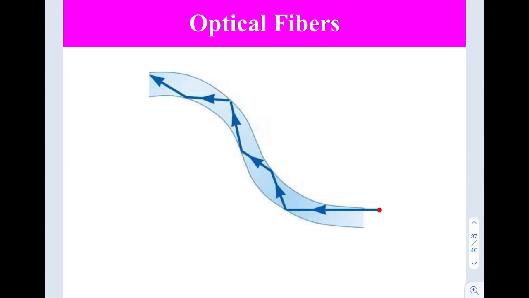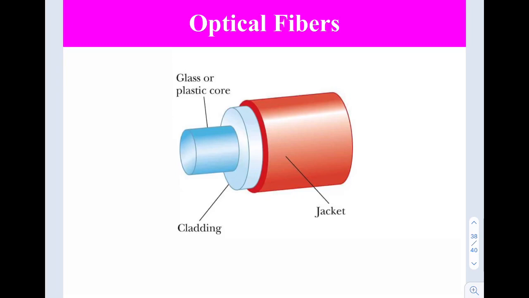So the information, wave or light transmitted into the optical fiber will be passed over a long distance without any loss. This is, in principle, how to create optical fiber.